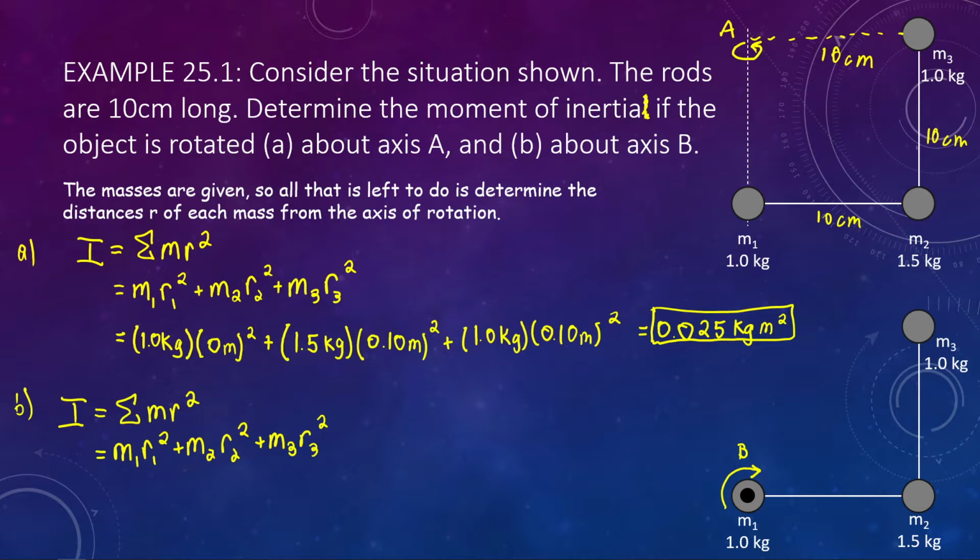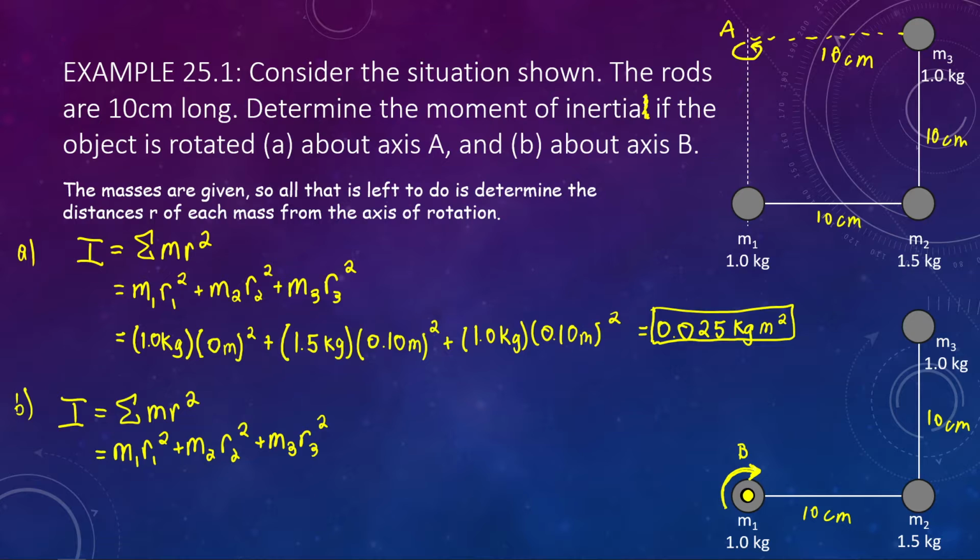It's the same three masses connected by the same rods. They're both 10 centimeters again. So it's the exact same set of masses. The only difference is how we're rotating it. So now what we're seeing is the rotational axis is straight into and out of the screen through mass 1. And it's rotating around mass 1 here. This is axis of rotation B.